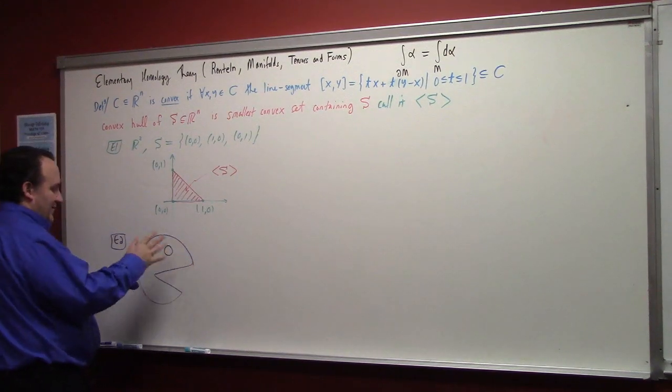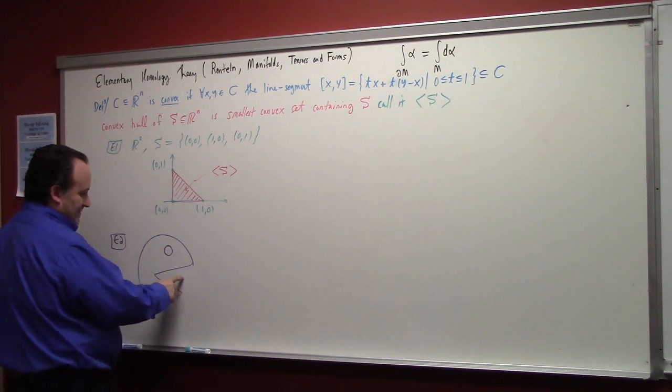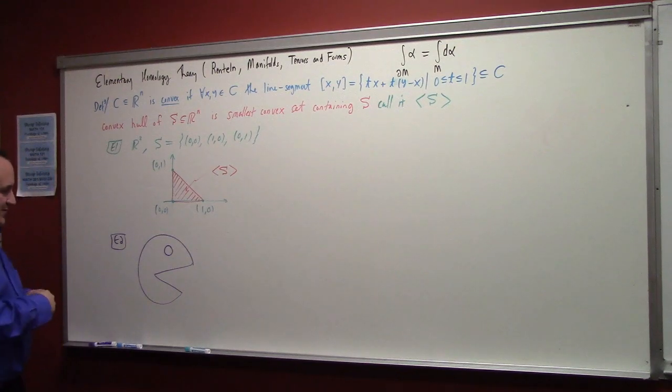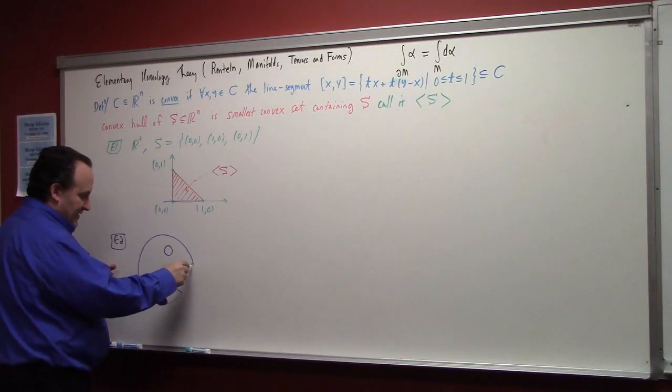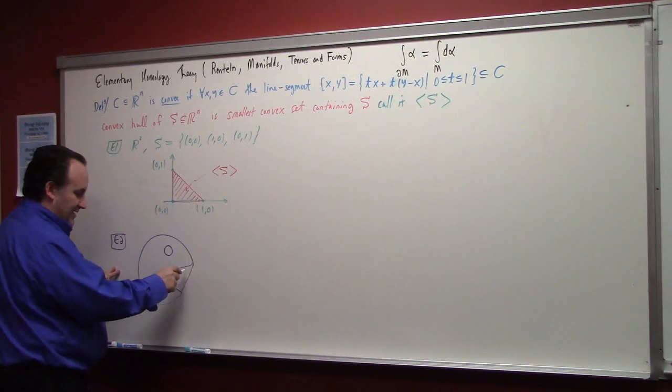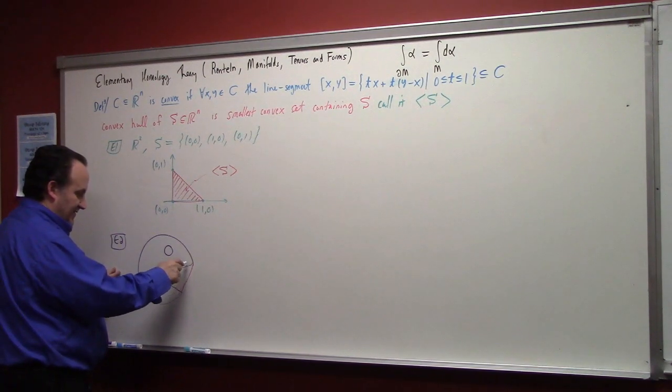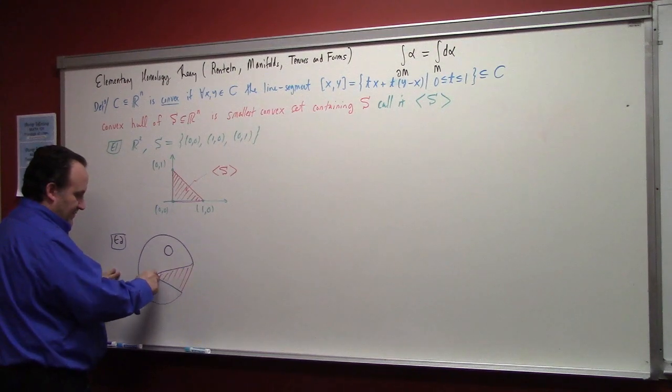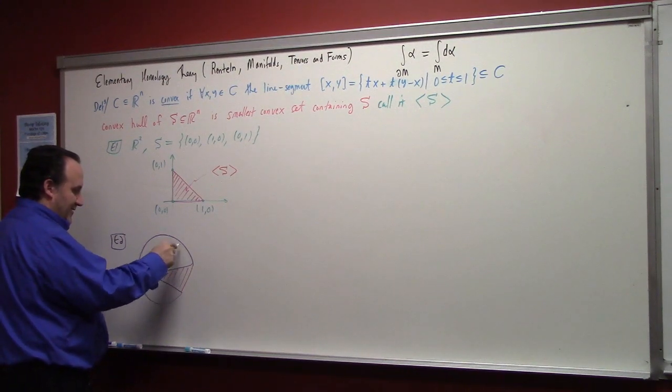I'm not even going to shade the original. That's a hole. And so the convex hull of this would be like, well, I've got to connect this point to this point, and so forth. So it's just going to fill that in. It's going to fill the eye in. And then, of course, everything else is already in the set.